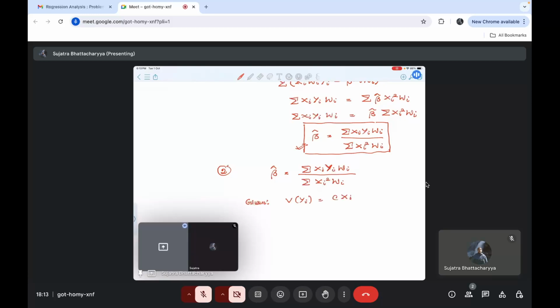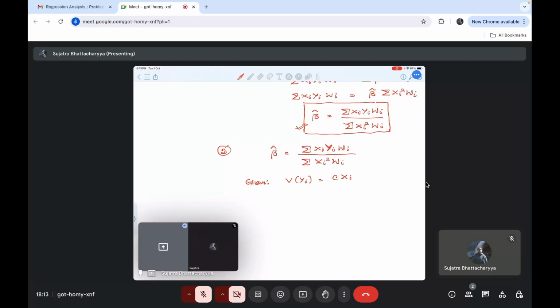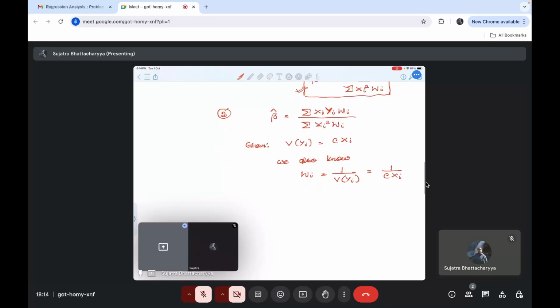So variance of y is proportional to x. Now we also know from problem 1 that wi is nothing but 1 upon variance of yi. So that will be 1 upon c xi. Remember, c is the constant. This is given in the question.